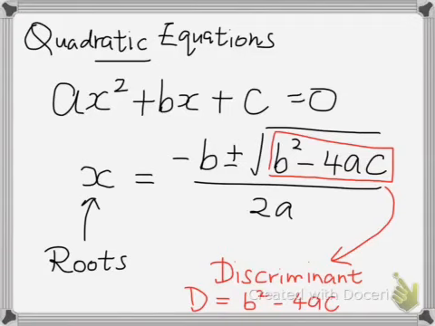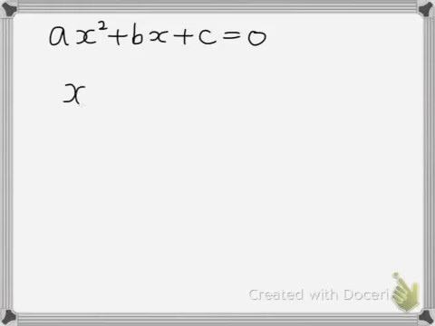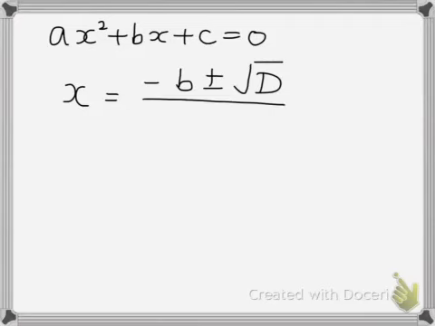Now I'm going to write again, ax squared plus bx plus c equal to 0. The root of this is x equals minus b plus minus square root of, instead of writing all that, I'm going to write capital D, over 2a.